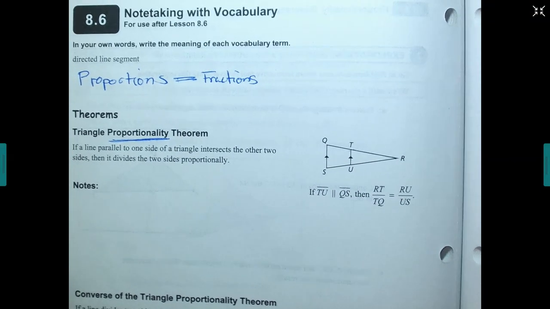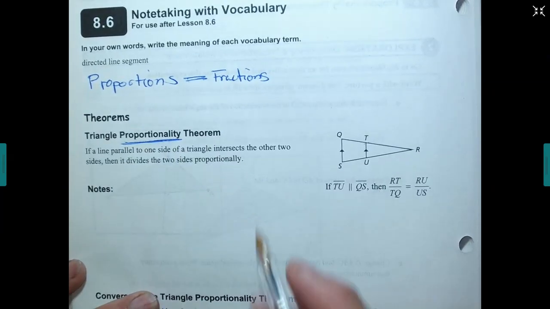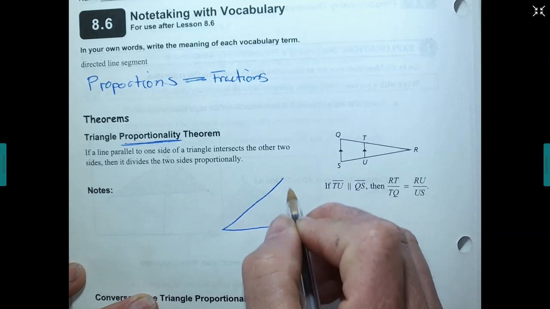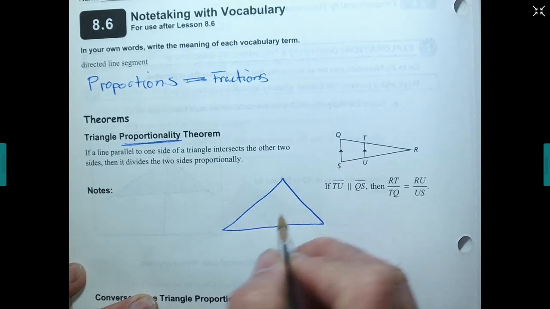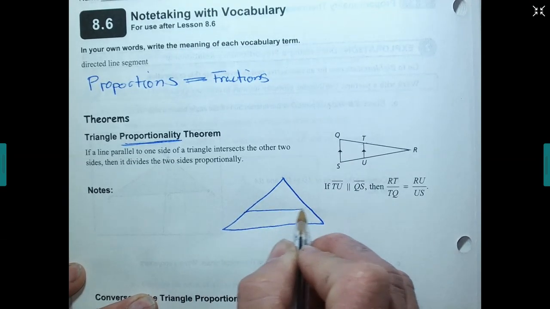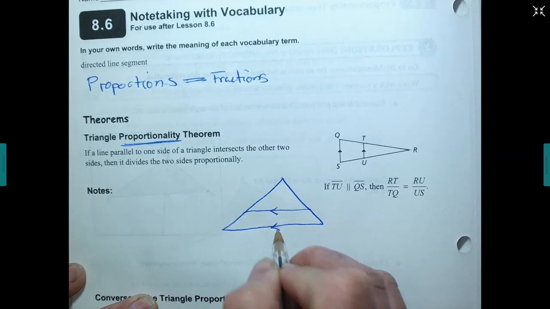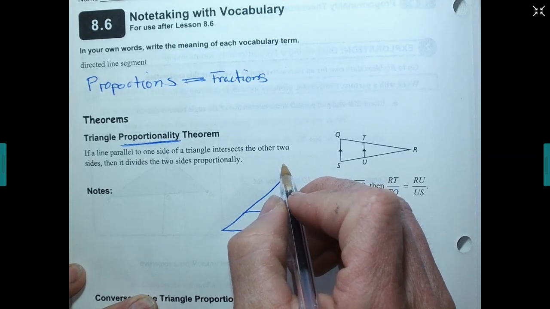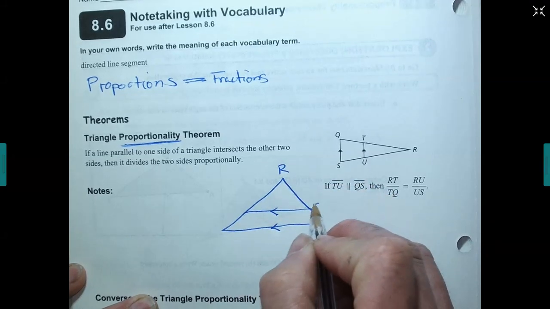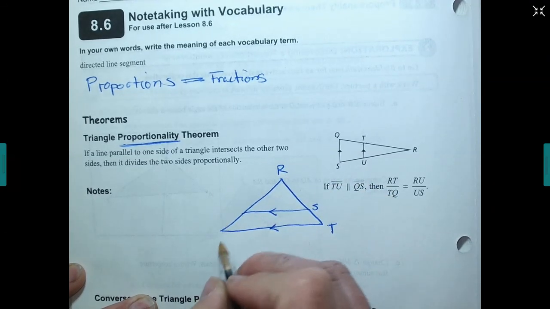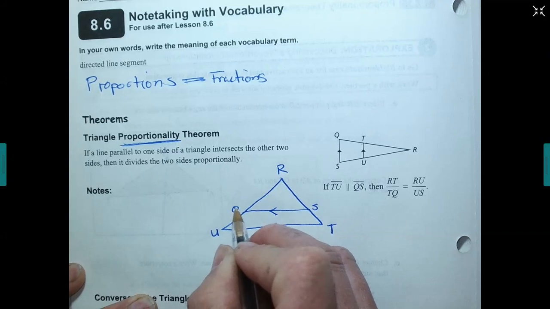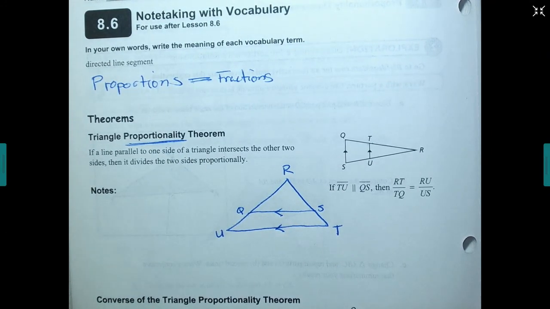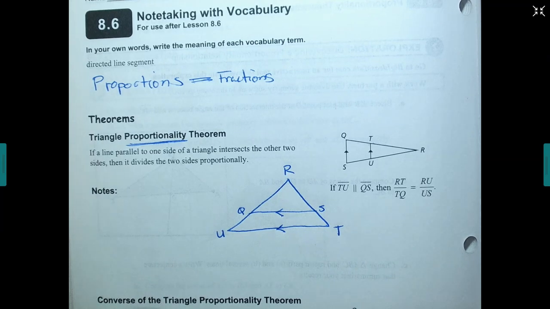Okay, so let's see what that looks like in the real world of geometry. Actually, it's a real world, really, students. It's real. So let's say we have R, S, T, U, Q, and then let's say we have some side lengths.